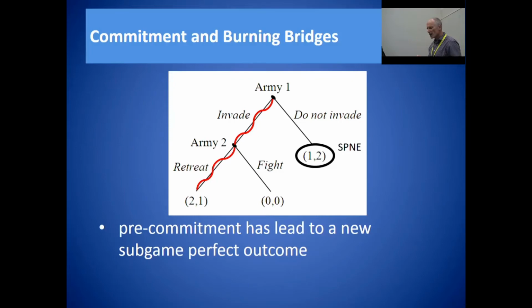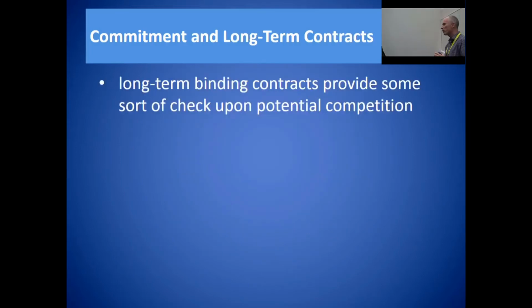Now, what I want to do to conclude for today, before we talk about the assignment, is give you one more example. One more example relating to this idea of business. So, relating to this idea of commitment. And I want to just phrase this in terms of businesses and contracts.